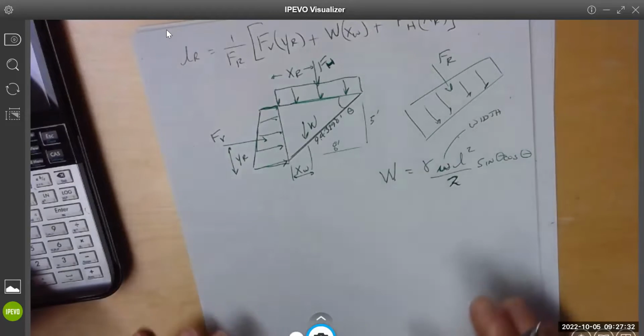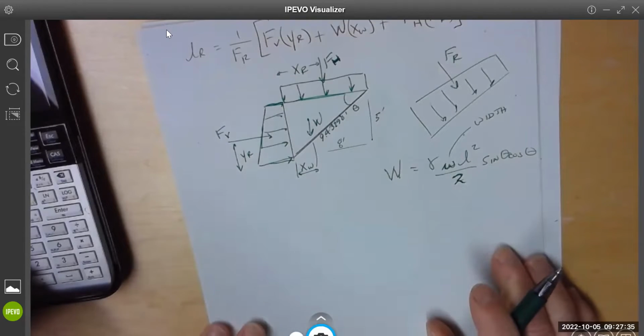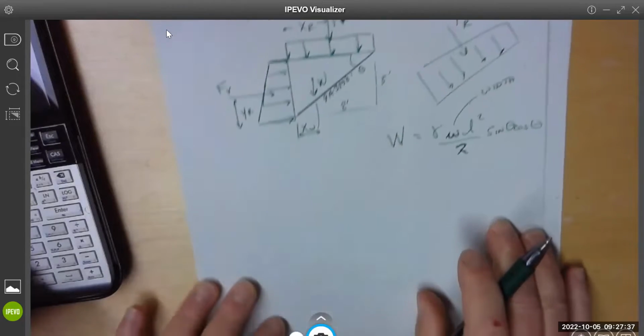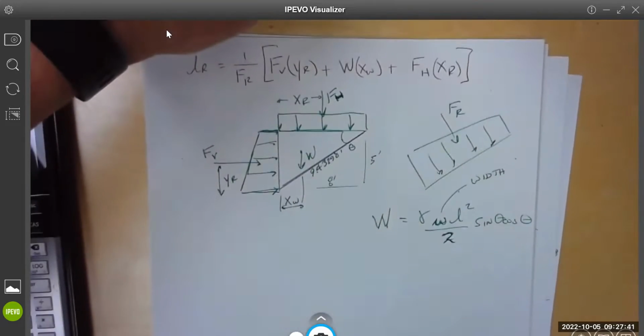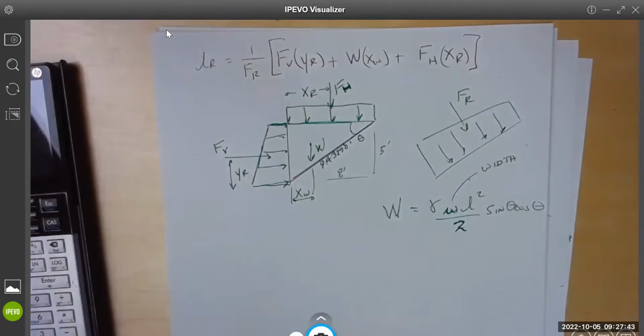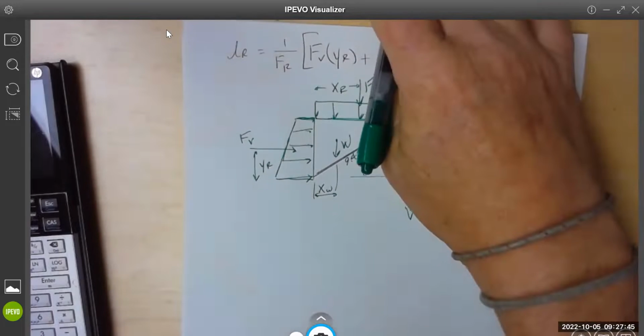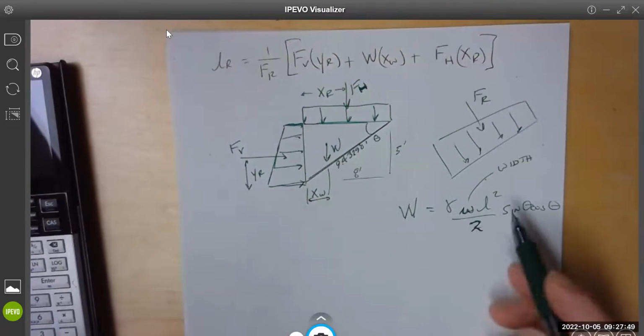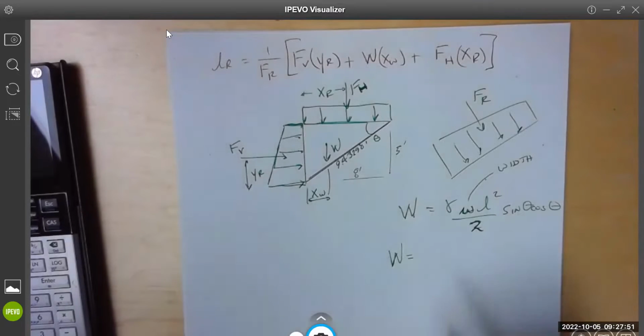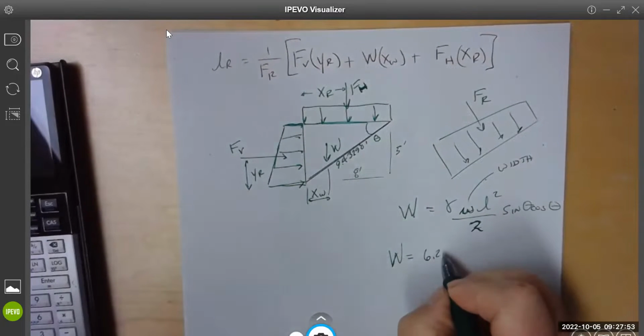All right, let's just start picking them off. This is driving me nuts, so I'm going to change this part. Start with W. Sure, let's go for W. 62.4.